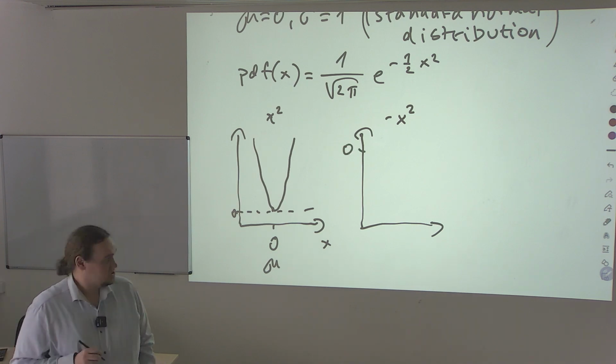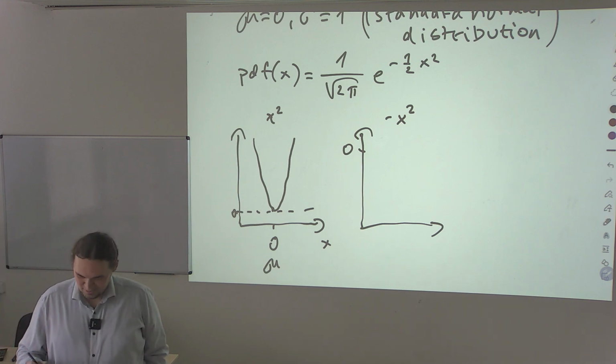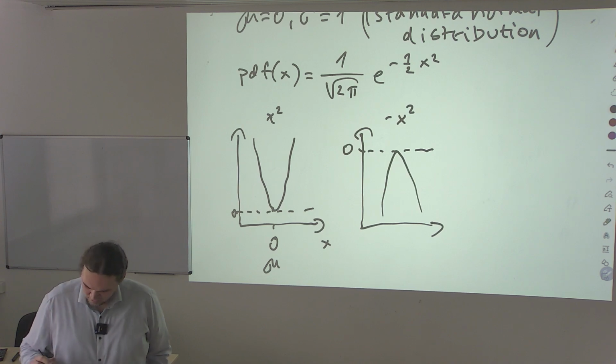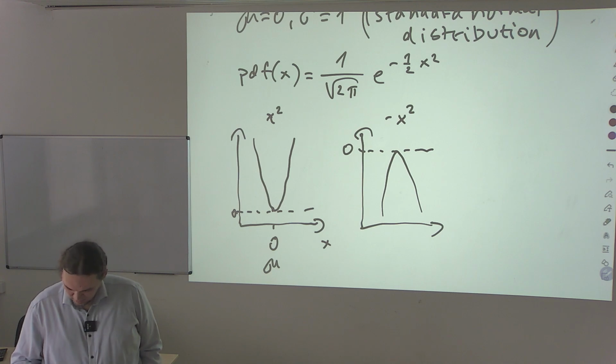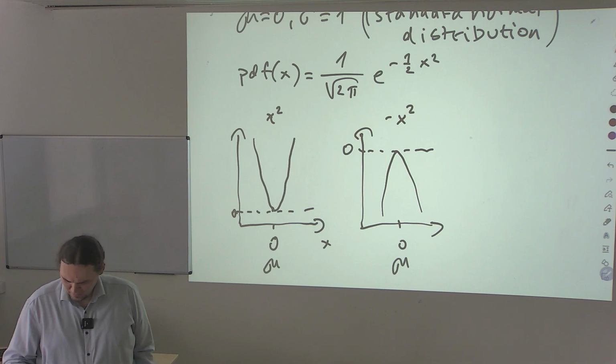And now this 0 here will move as the maximum. Yeah, you already saw this. Good. But again we have this maximum at this mean.